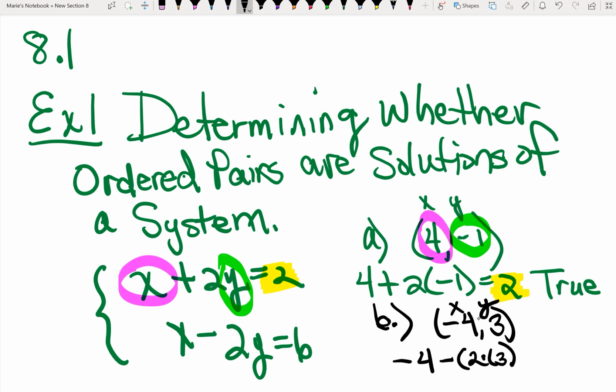And according to the equation, this should equal 6. Well, since it's a -2, I'm substituting in a +3. I get minus 6.